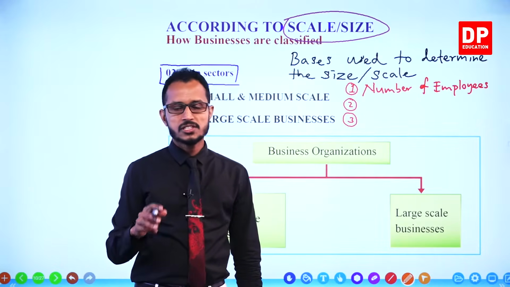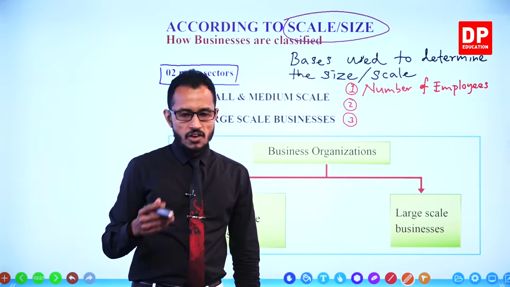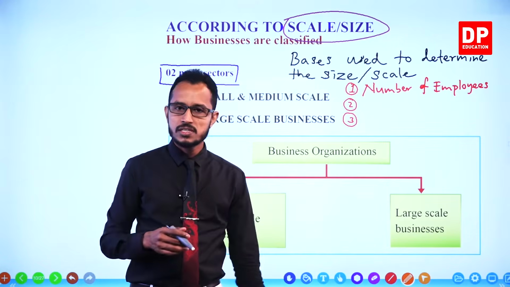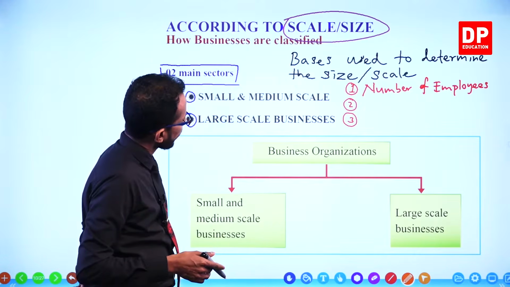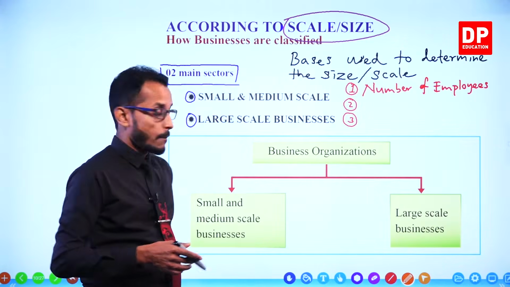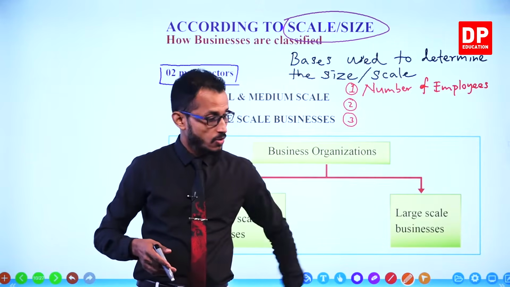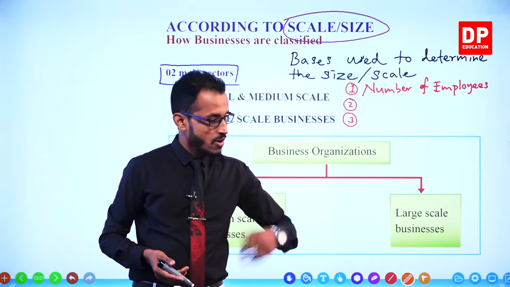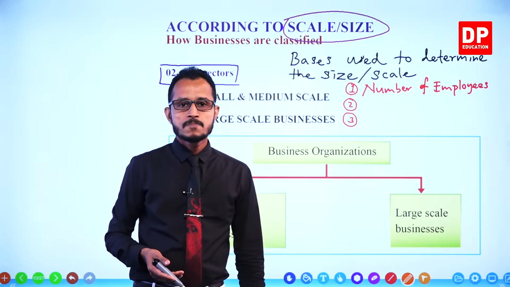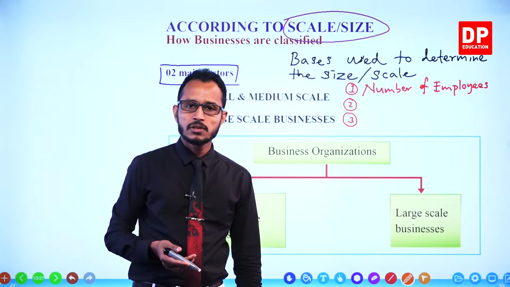Workforce means the staff. Staff means all the employees you have in your business. So how many employees do you have working in your factory, working in your shop, in your showroom, in your father's business? How many employees do you have?